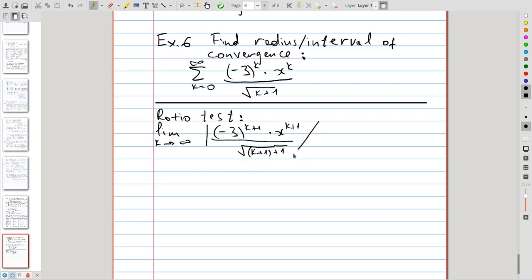This entire thing will be divided by a_k, which is simply minus 3 to the k times x to the k over the square root of k plus 1. As a reminder, this is the expression for a_{k+1}, and this is the expression for a_k, the kth and the (k+1)st term of this series respectively.